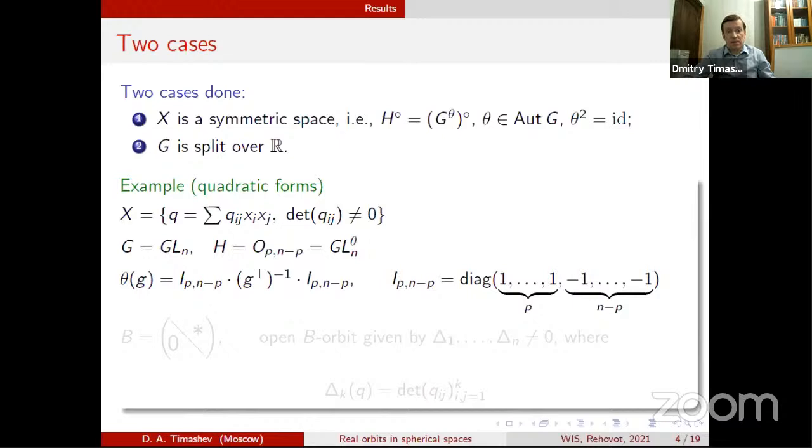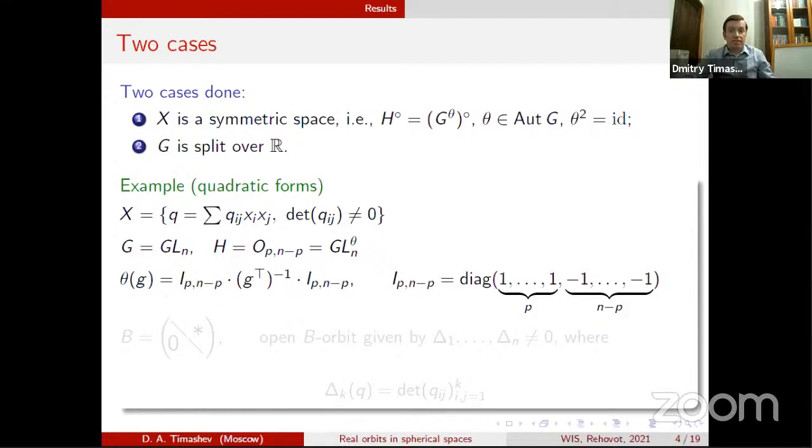And it is a symmetric subgroup of GL_n, namely the fixed point subgroup of an involution theta given by this formula which you see. So it is essentially theta of g is the inverse transpose of g with respect to the quadratic form stabilized by H.